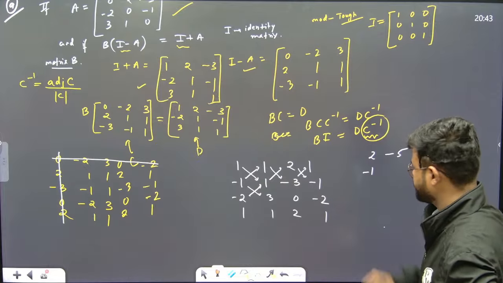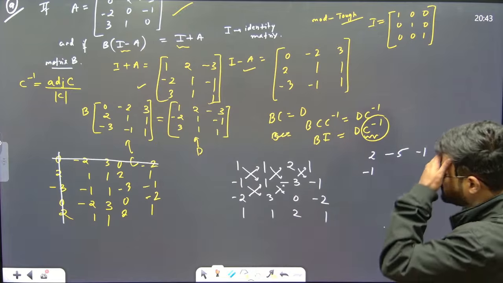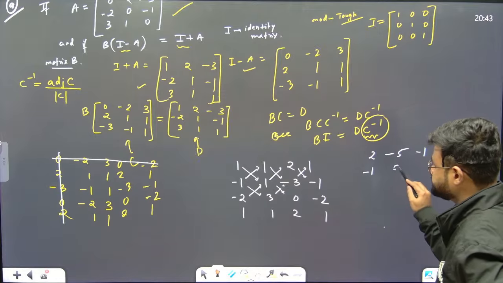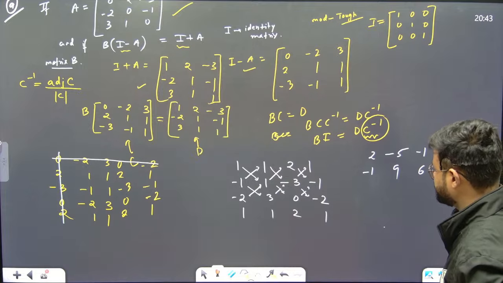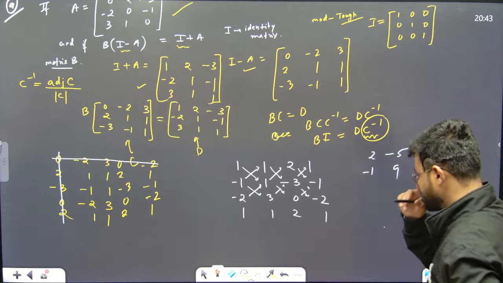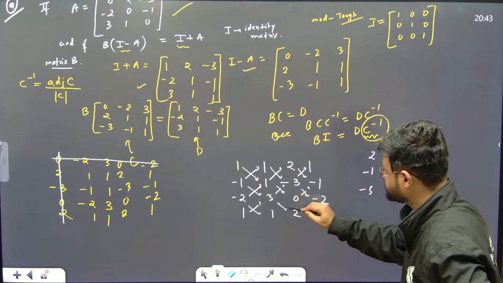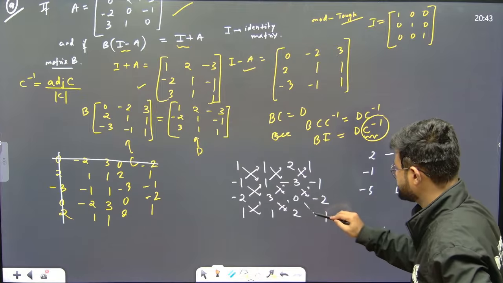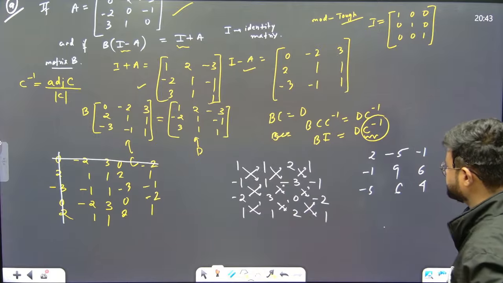Just complete. -1, right? Next is 1 into 0, 0, and this is going to be plus 9, and this is going to be 6, right? So now again, minus 2 minus 3 minus 5, 6, and next is 0 plus 4, right?